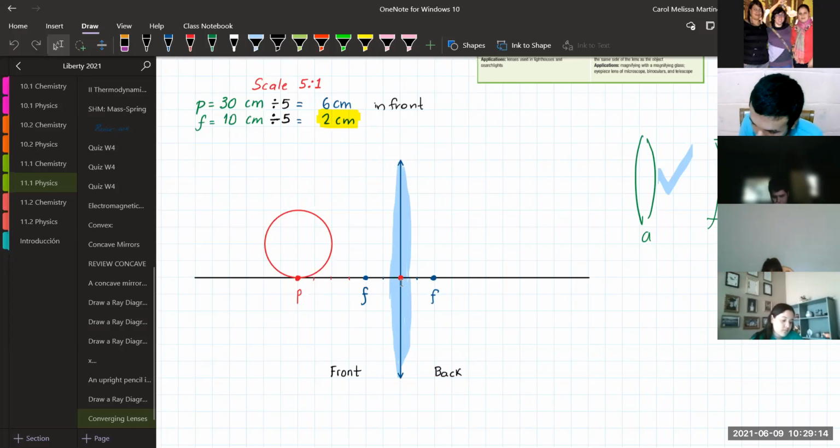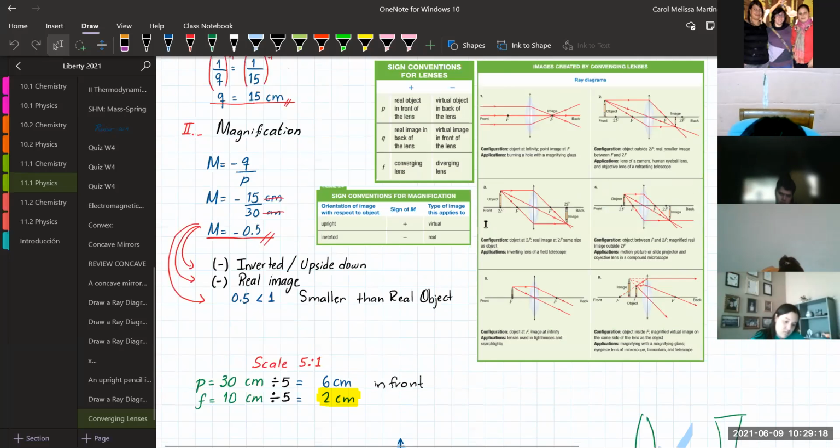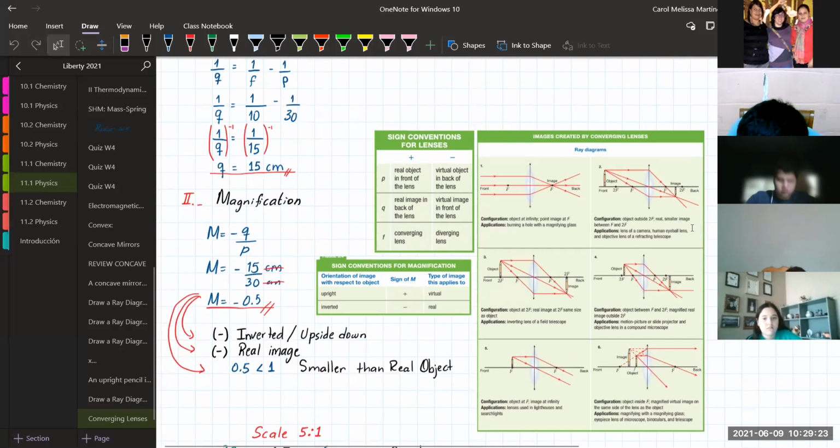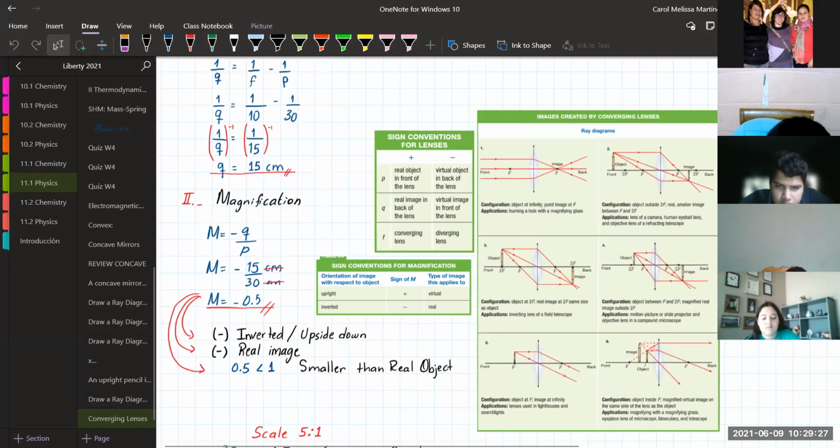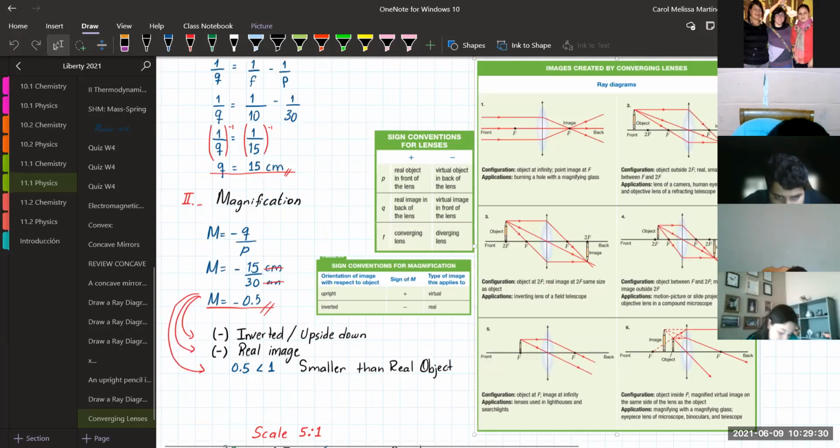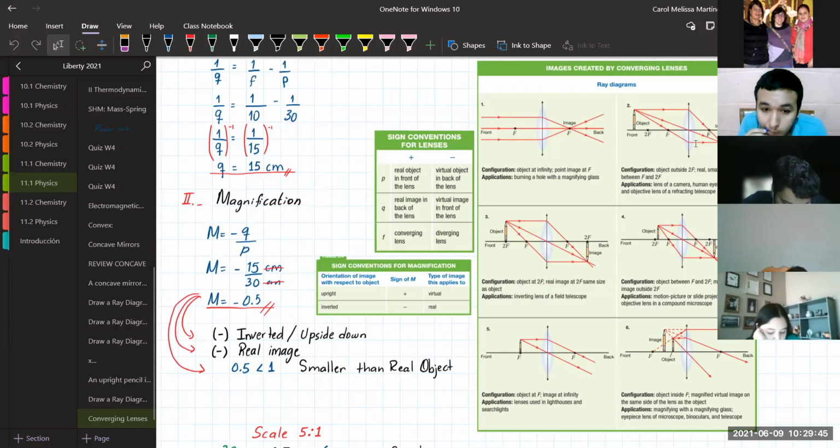Okay, so let's see how we're going to trace the rays. Take a look at the possible ray diagrams that we have. Let's see what configuration can we use for this exercise. What configuration is going to be? Remember that F is equal to 10 and the object is P is equal to 30.